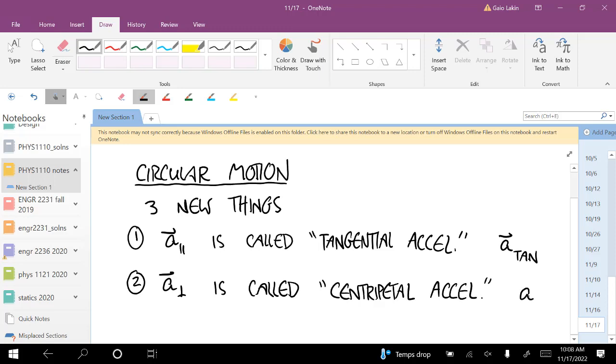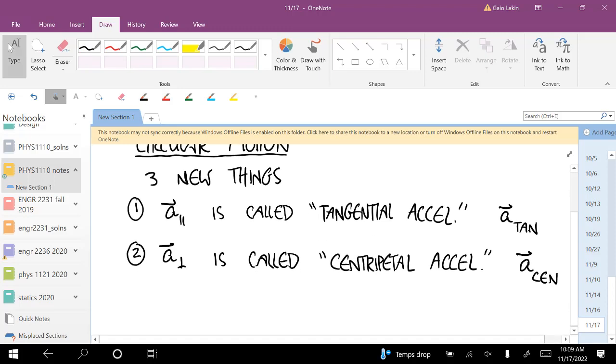And I'm going to use the notation A-cen for that part. Centripetal, by the way, means toward the center. So one thing that makes this easy with circular motion is that centripetal acceleration, that part that's perpendicular to the velocity, always points right toward the center of the circle.